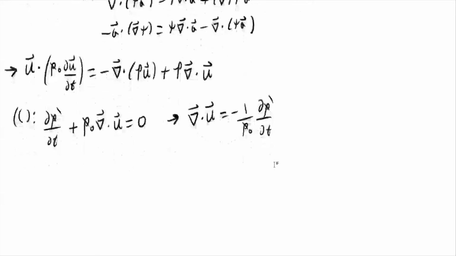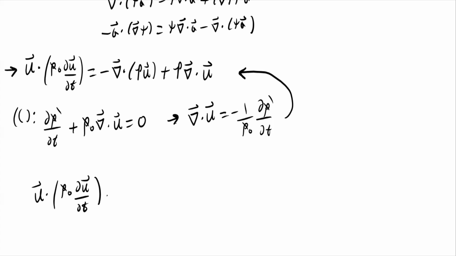Okay, so once we've obtained this, we can plug it in to here, and we obtain the following. u dotted with rho naught du dt is equal to negative divergence of P times u minus, and so we have this P right here that we're going to carry with us.